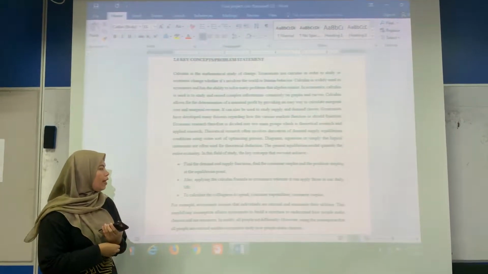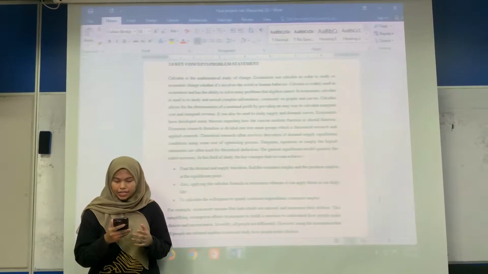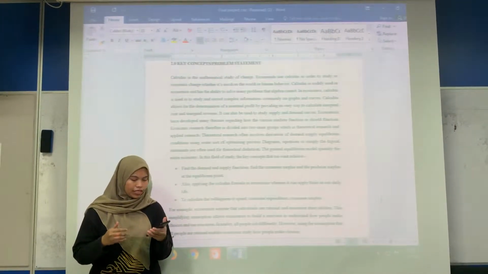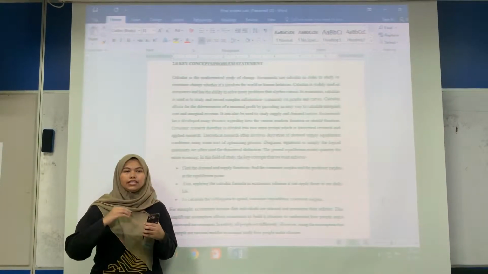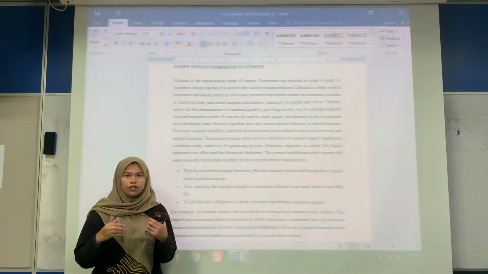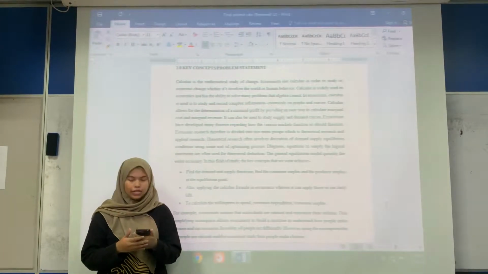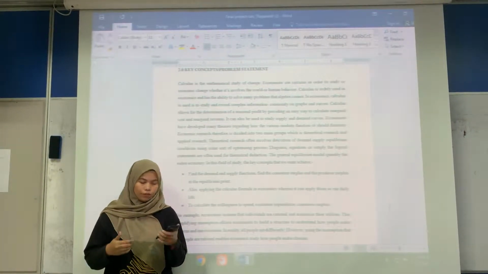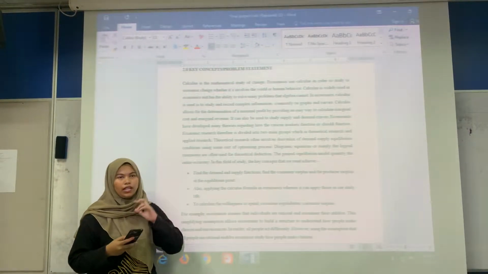Also, we want to apply the calculus formula in economics, whereby it can be applied in our daily life, because calculus is always around us. Mathematics also. Then, to calculate the willingness to spend, consumer expenditure, and consumer surplus, it's more like the economic side.